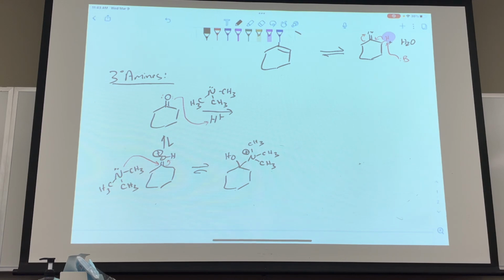So at this point, there's not really a whole lot you can do. There is no way of really progressing through this mechanism to ultimately lose the water. You might say, well, let's just push on anyway. What we did normally after we deprotonated and made the neutral hemiaminal intermediate was we protonated the hydroxyl to make it a good leaving group. So you might say, well, let's just keep going. So you could theoretically.